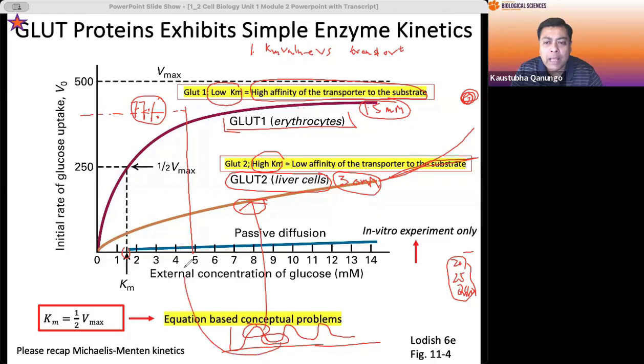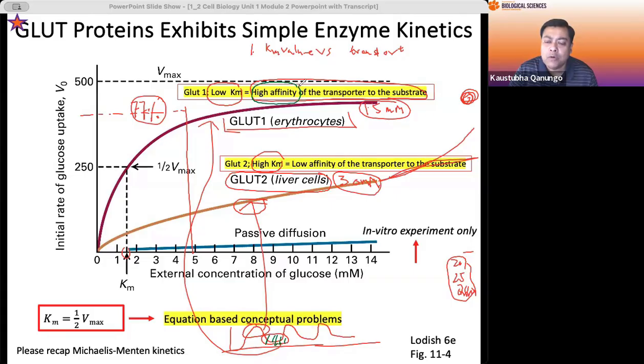But no matter what, the red blood cells and all other body cells have the GLUT1 transporter. So even in between the meals, now see this very carefully, this is the area where the blood glucose level is low, and due to the low Km of the GLUT1 transporter, it can still transport glucose with high efficiency because it has a high affinity for glucose.